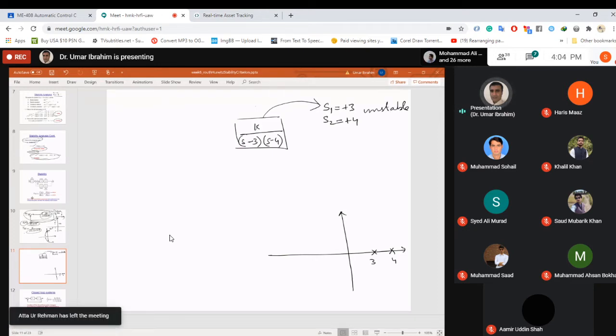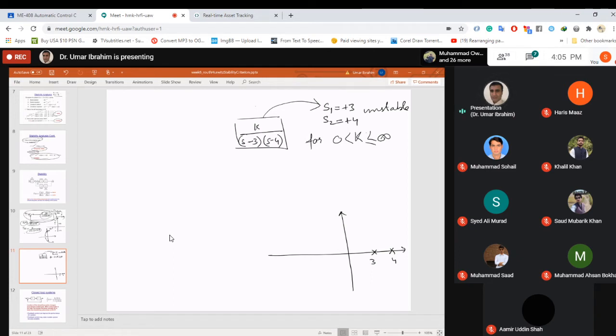No matter what value of k I use, from k greater than 0 to k less than infinity, the system is unstable. Is this clear so far? Any questions, student? Yes, sir.